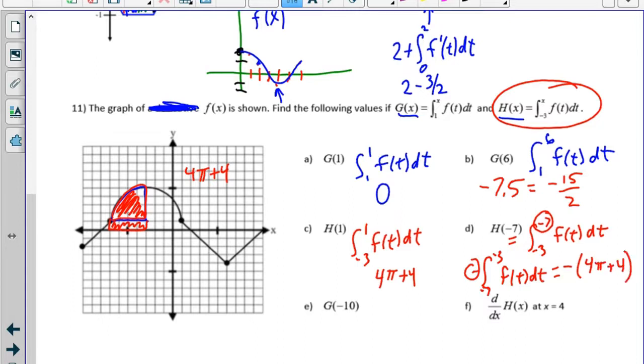So I'm getting negative 4 pi minus 4. This is our first case where we're getting a negative answer for things that are above the axis. And that's something that happens when we have an integral from, let's say, -3 to -7. We're actually accumulating area backwards. Let's think about what's actually happening. We have this integral from -3 to -7.